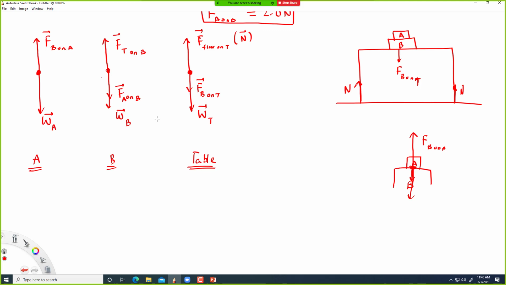So if you have force of B on A, then its reaction force would be force of A on B. So here this force and this force are action and reaction pairs. And then here we see force of table on B and force of B on table. These are also action and reaction forces.